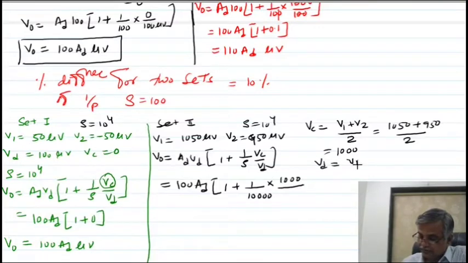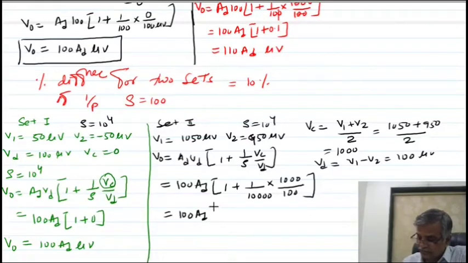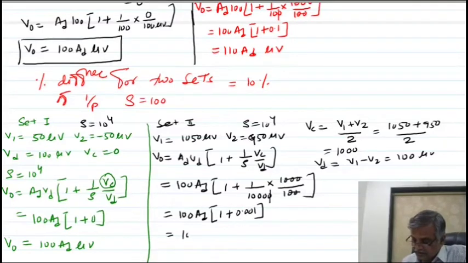Vd is nothing but V1 minus V2. So it is your 100 microvolt. So this is 100 AD, 1 plus, this is cancelled. So I can write 0.001. So I can write 100.1 into AD microvolt output.